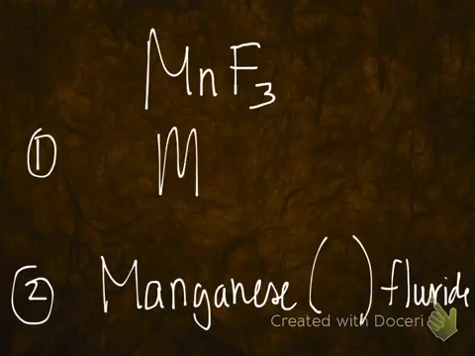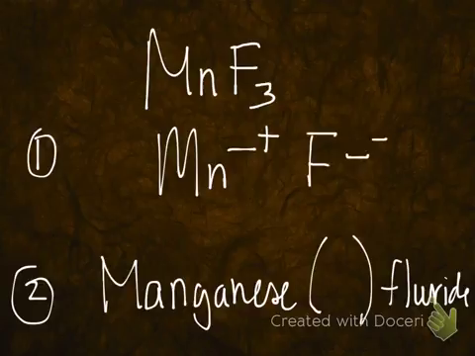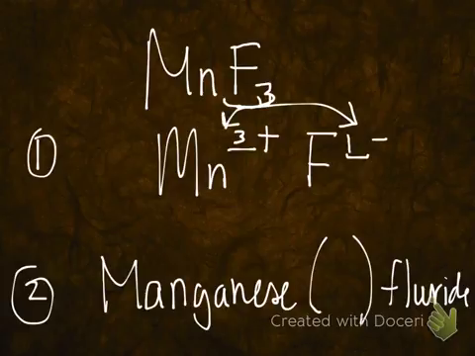Okay, so leave a place for yourself to do your reverse crisscross. That would give us a 3 and a 1. Does fluoride form a 1 minus ion? Yeah. So this is manganese 3 fluoride.